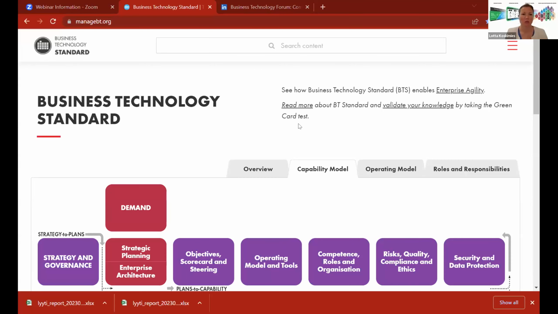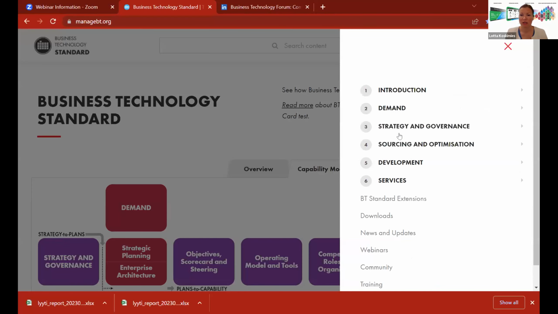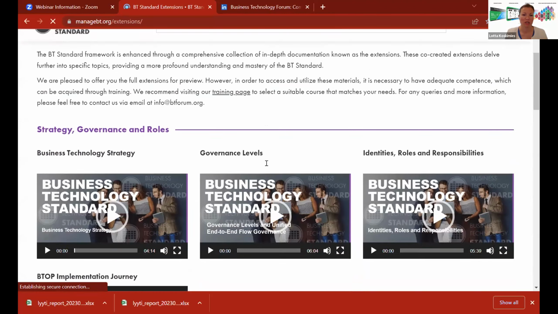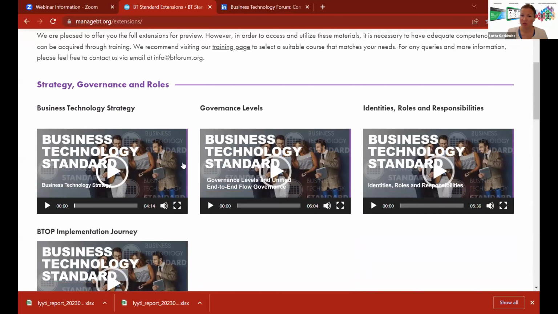So this is the main page of the Business Technology Standard. When you navigate to the right-hand side, you can find the links to all the content that we share. And this is the latest one, the Business Technology Standard extensions. When you click that one open, you can first find all the extensions. They are previews.